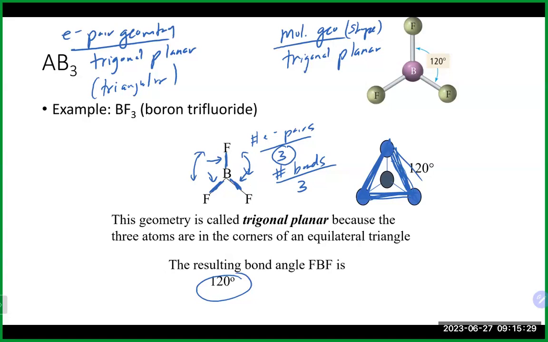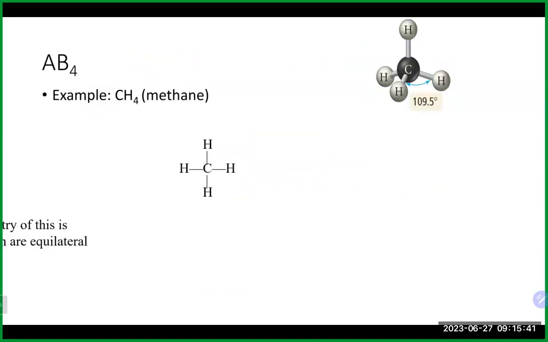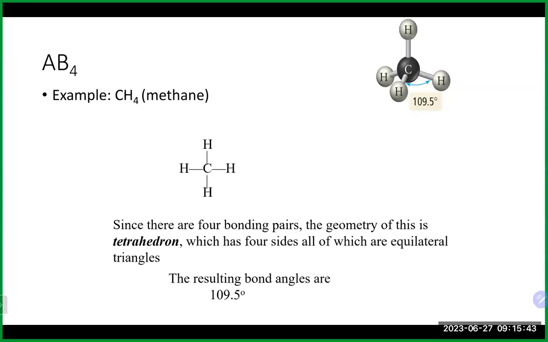The next geometry that we come across, and you might be familiar with as well, is a central atom that has 4 things attached. And a central atom that has 4 things attached is something like methane here. And methane, in terms of the number of electron pairs, we have 1 electron pair, 2 electron pairs, 3 electron pairs, and 4 electron pairs.